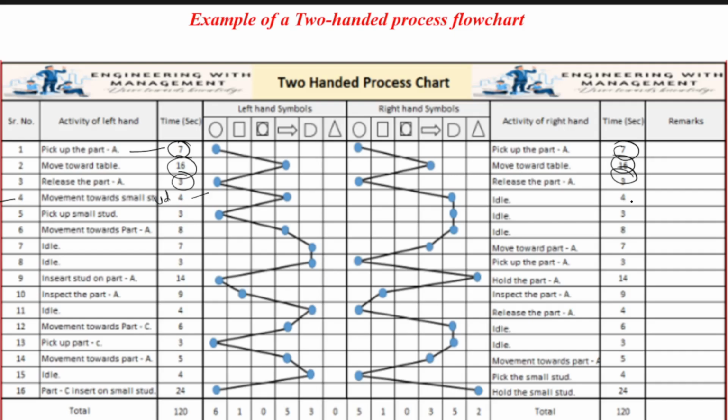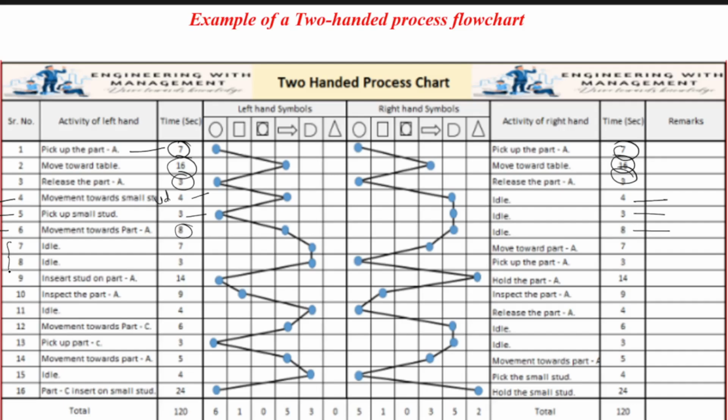The left hand is idle. Pick up the small stud, 3 seconds. The left hand is idle for 3 seconds. Movement towards the part A, 8 seconds. The left hand is idle.